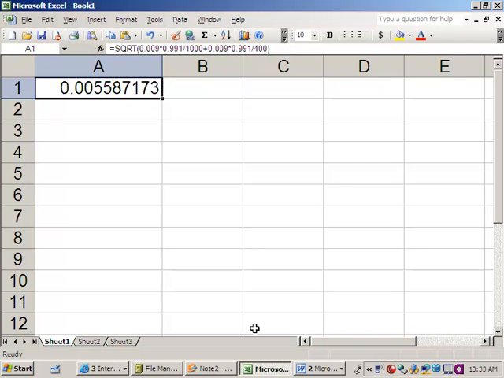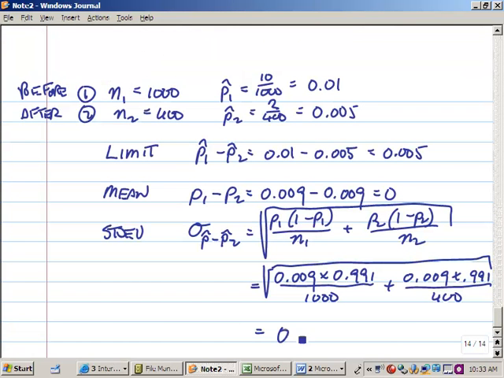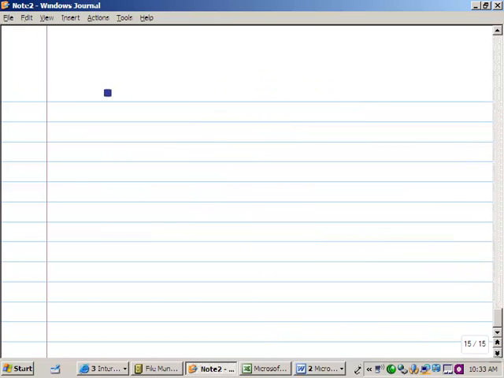And to 4 significant figures, that's 0.05587. So we have limit, mean, and standard deviation. And now we can do our normal distribution.